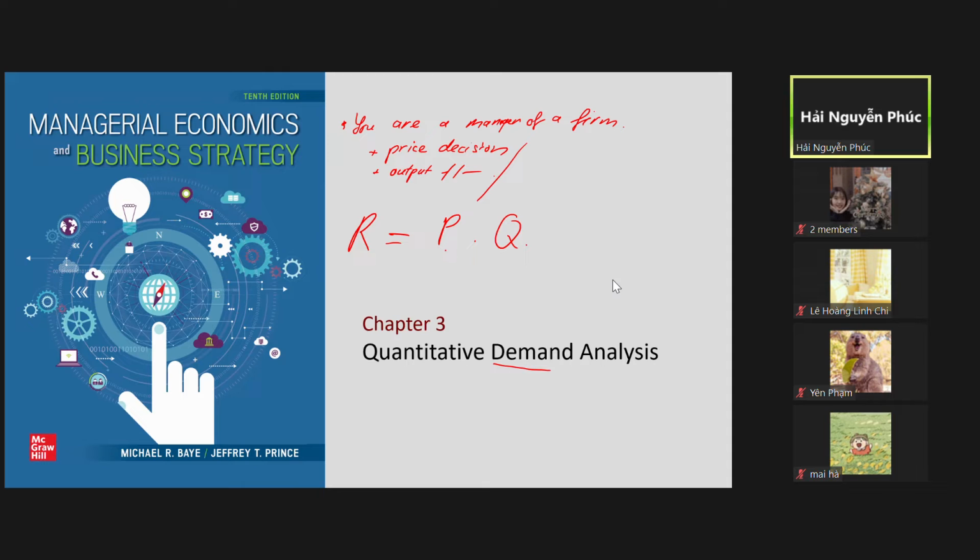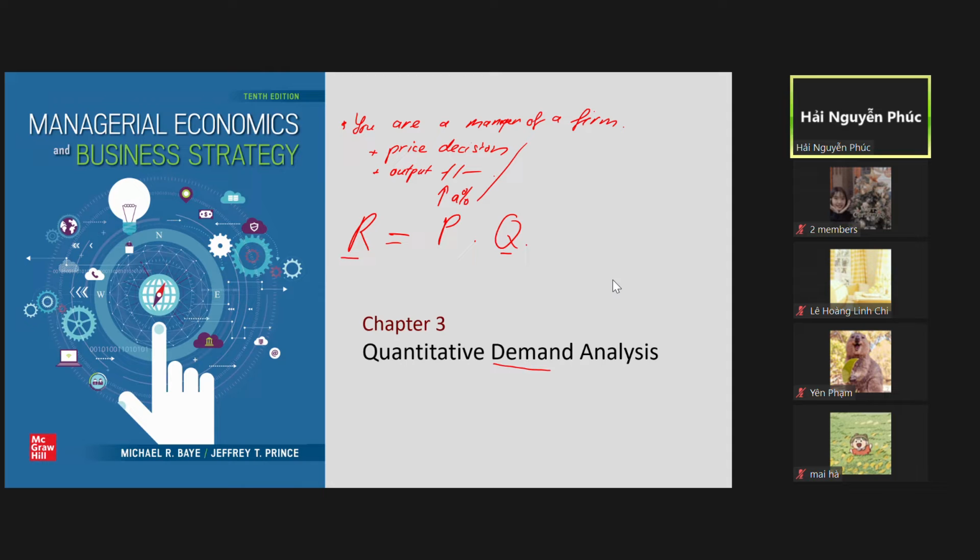You know that if you change the price, then the quantity demanded will change, and by this way, the revenue is going to be affected. Let's say you are going to increase the price by 8%, right?